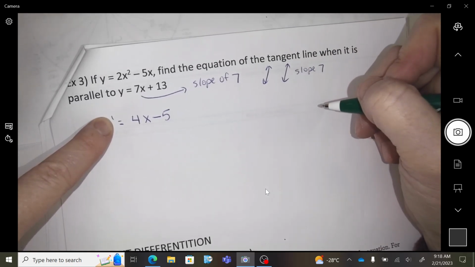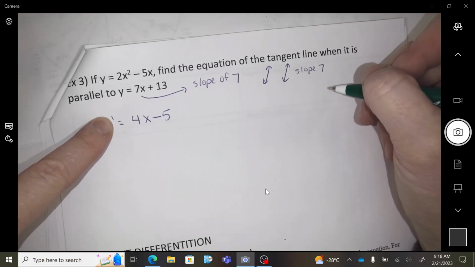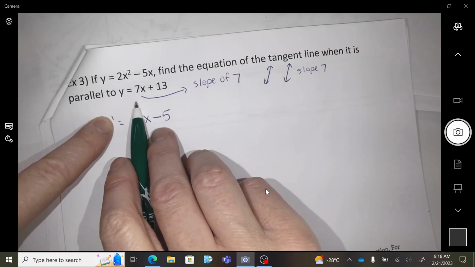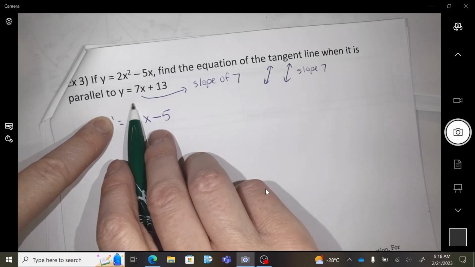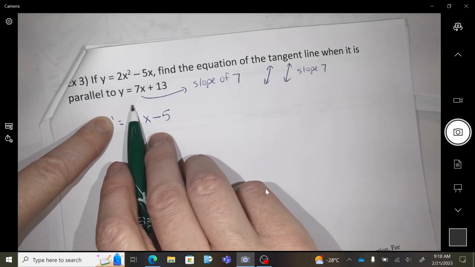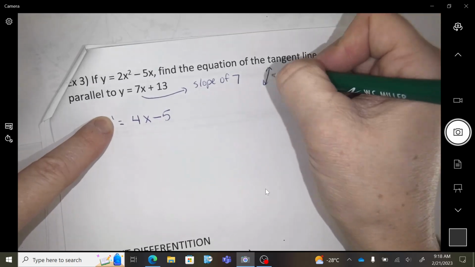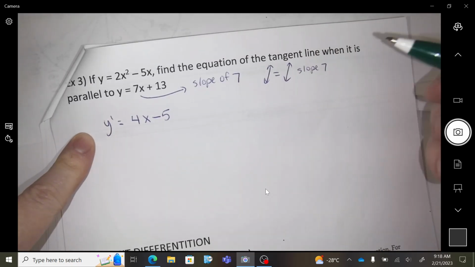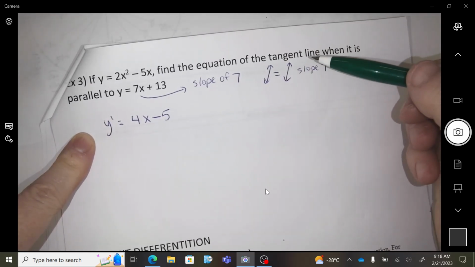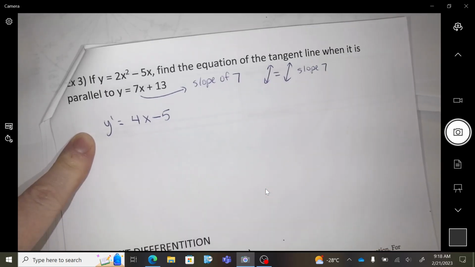Parallel lines should have the same slope. If I had written, can I be perpendicular to this one, then you would say you want a negative 1/7. So I need to figure out when my slope is 7. So what do I do now?